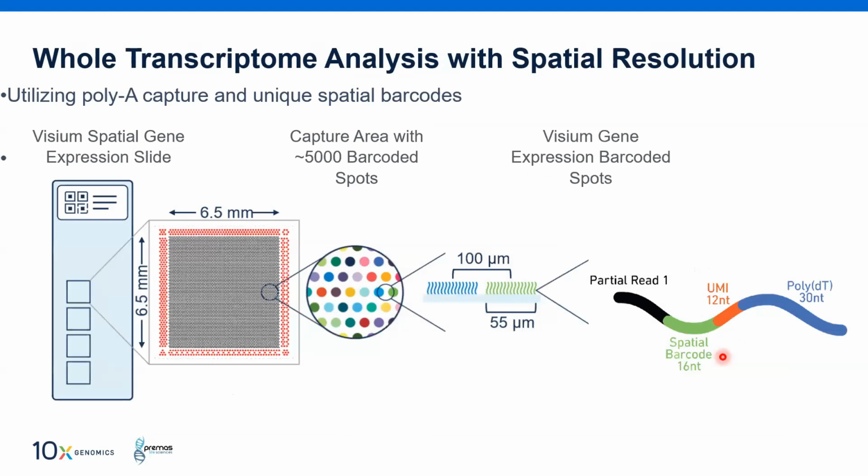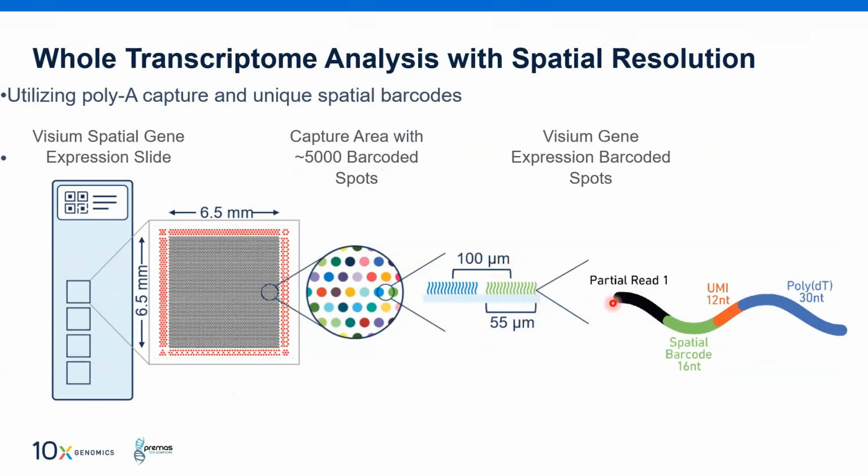Now, our slides are very specific, where you can see there is a 6.5 by 6.5 capture area where the spots are. So almost 5,000 spots are there, and all these spots are barcoded, and the size of every spot is 55 micron, and it has millions of primers.